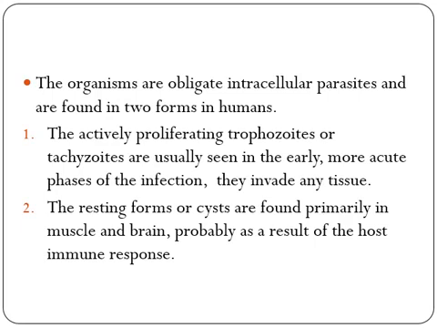The second form is the resting form or tissue cysts, which are found primarily in muscles and brain, even in uterine muscles, hiding from the immune reaction of the body when the patient builds immunity against Toxoplasma.